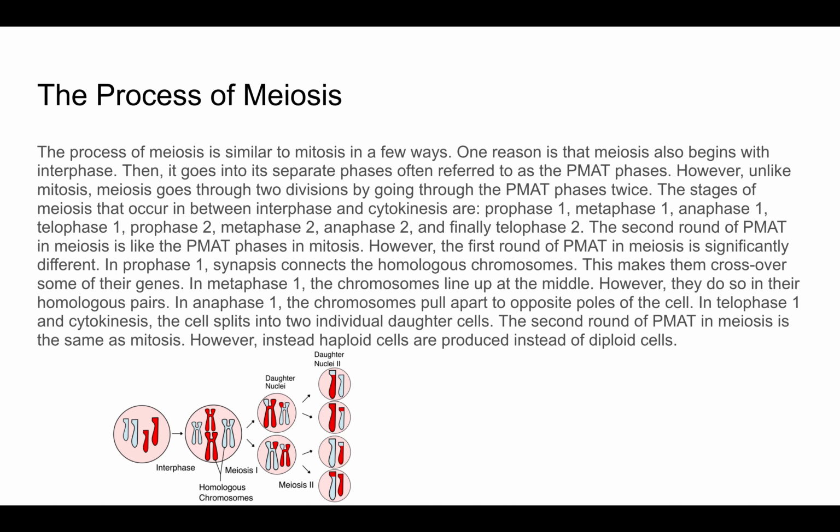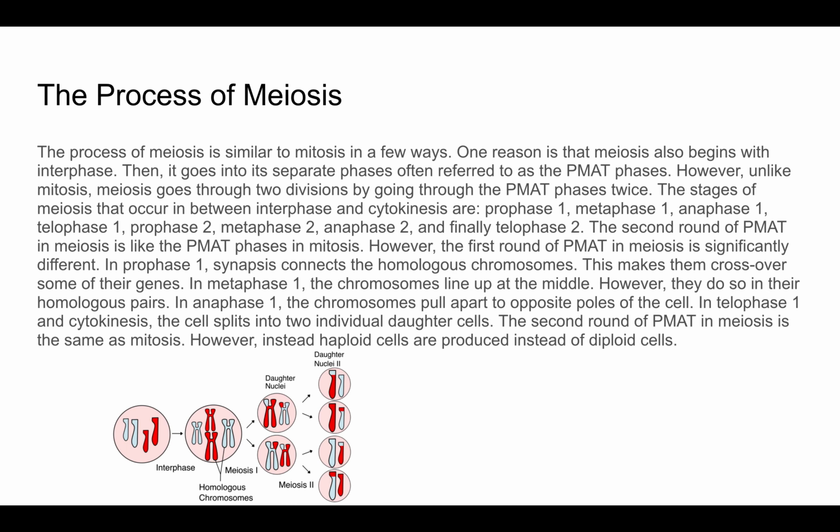However, the first round of PMAT in meiosis is pretty much different because in prophase 1, synapsis connects the homologous chromosomes, and this makes them cross over some of their genes. And then in metaphase 1, the chromosomes line up at the middle but in their homologous pairs.